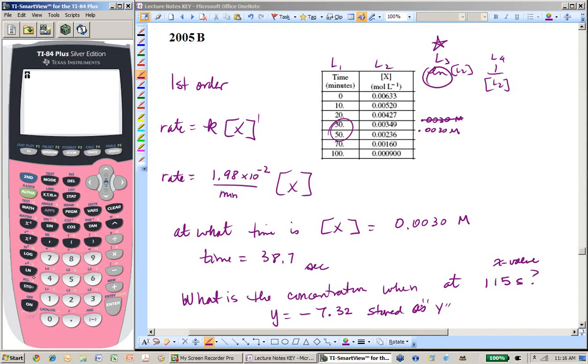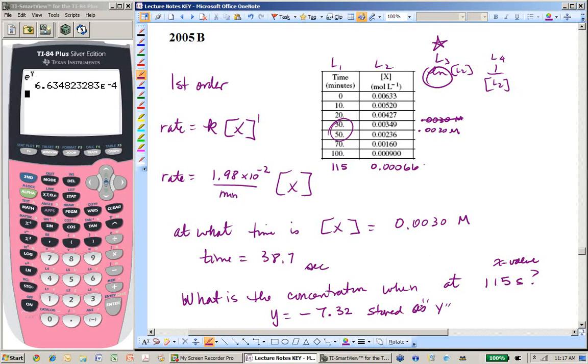So second ln to undo it, and alpha and y resides above the number 1 to post that negative 7.32 in, and I come out with 0.12366. And that makes perfect sense in the table.